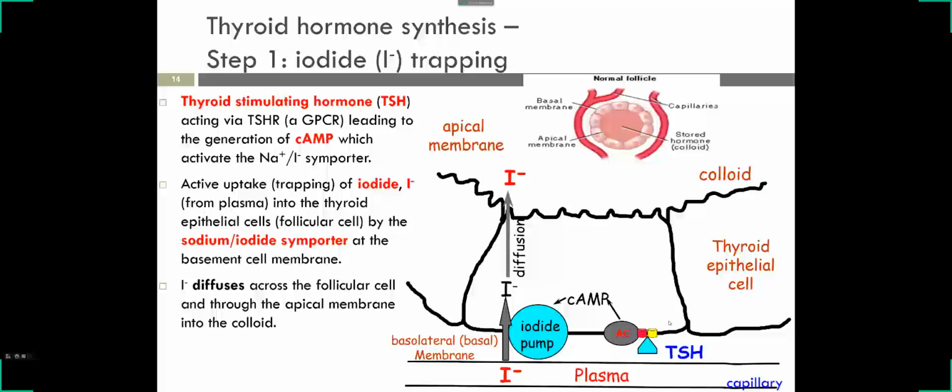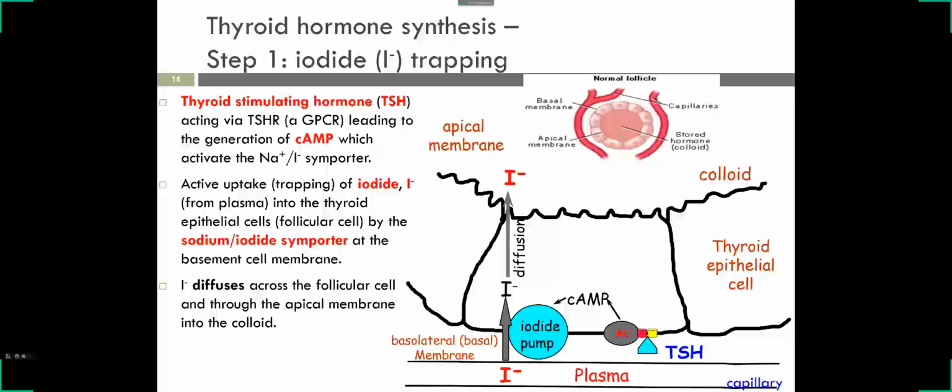Cyclic AMP is produced by the adenylate cyclase enzyme. As cyclic AMP levels increase, this activates our iodine pump and allows iodine to enter the cell, and then diffuse across and enter into the colloid. Okay?